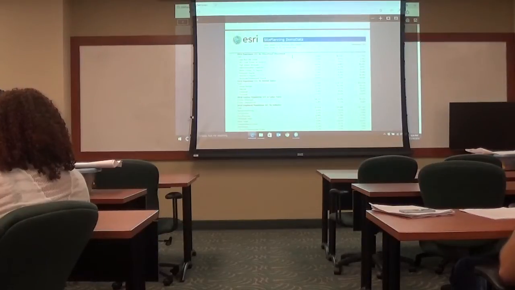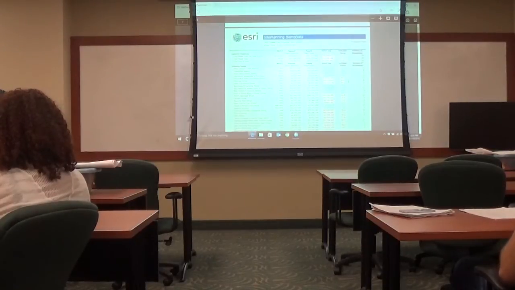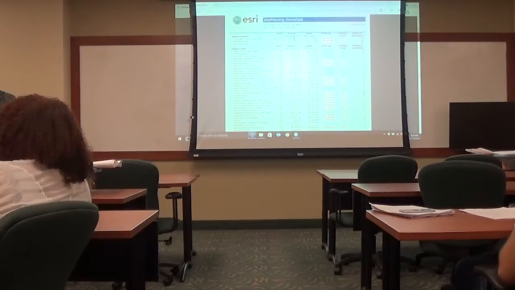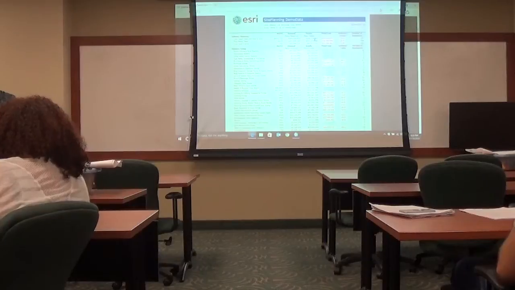Population above a certain age, how many people are married, not married, then industry types, industry summary, what is going on with retail trade and food and drink in that area, and retail gap between demand and supply. How many people actually need something, what is actually given in that.